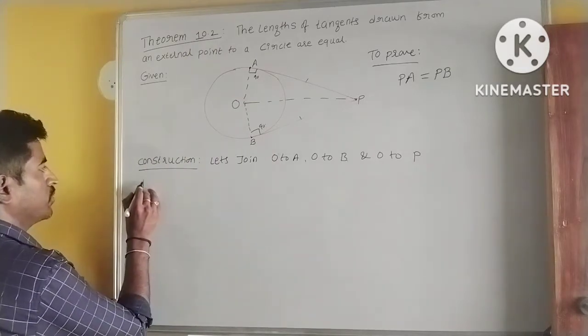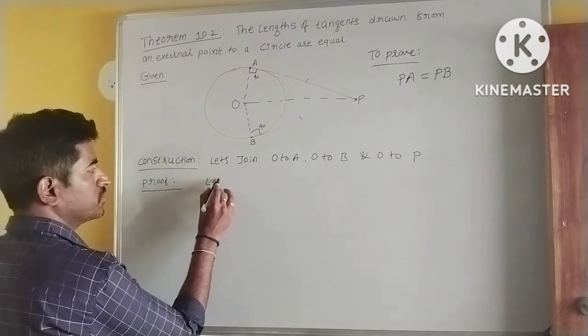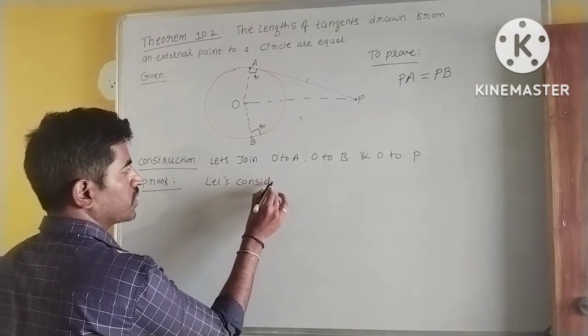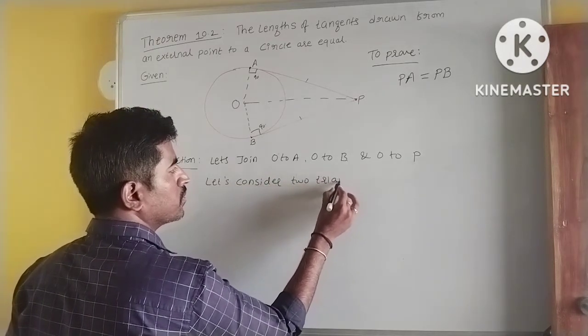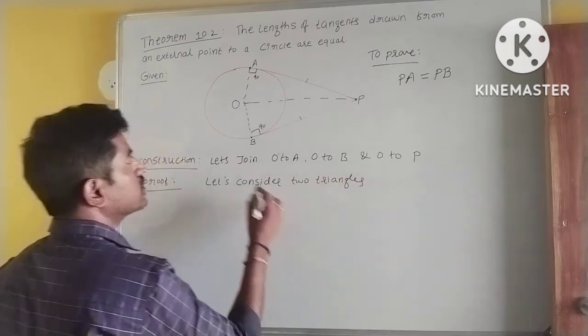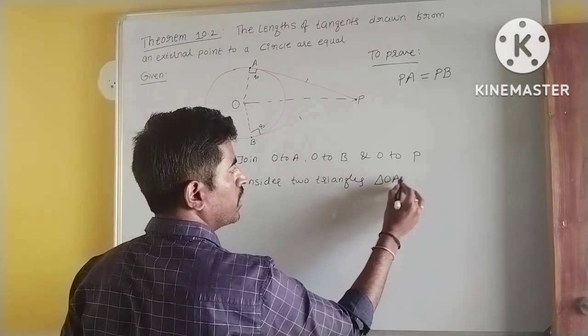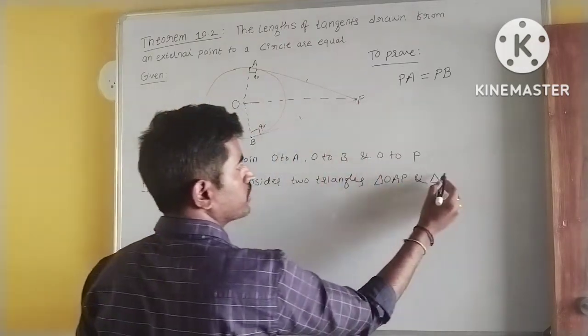In the proof we will consider two triangles, triangle OAP and triangle OBP.